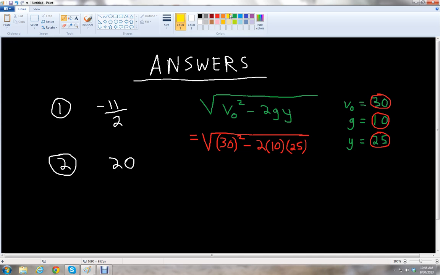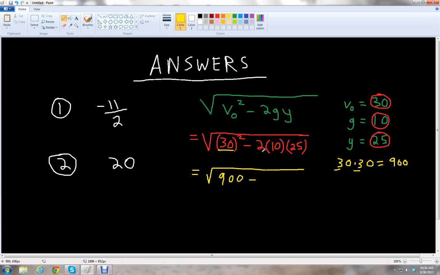Okay, and then 30 squared, that's 30 times 30. A way to do that in your head is to multiply 3 times 3 is 9, and then add 2 zeros because you see 2 zeros. So 900. And then minus.